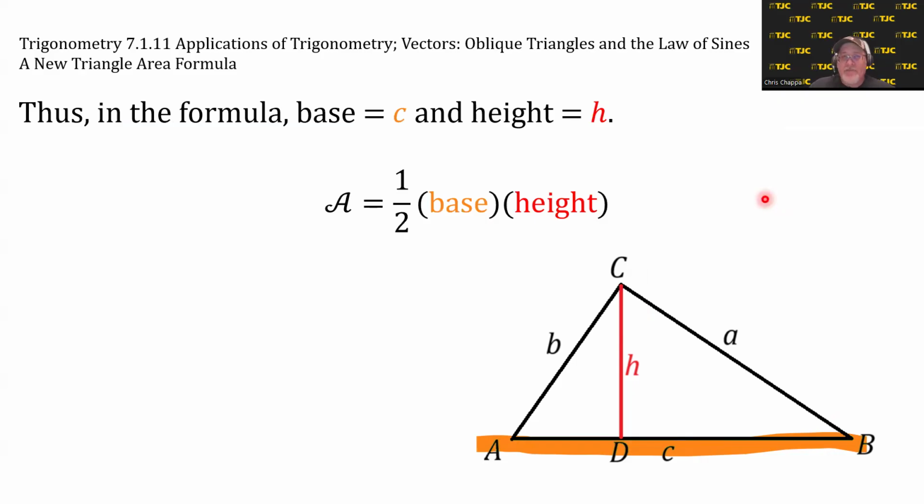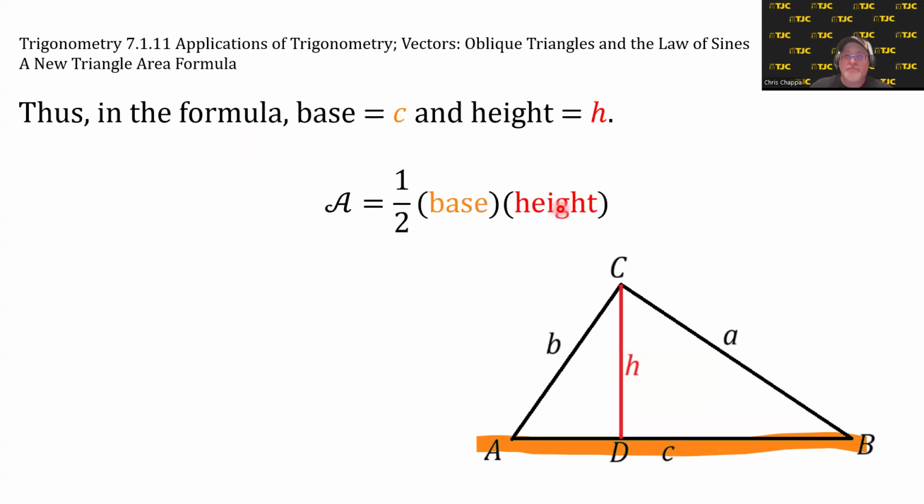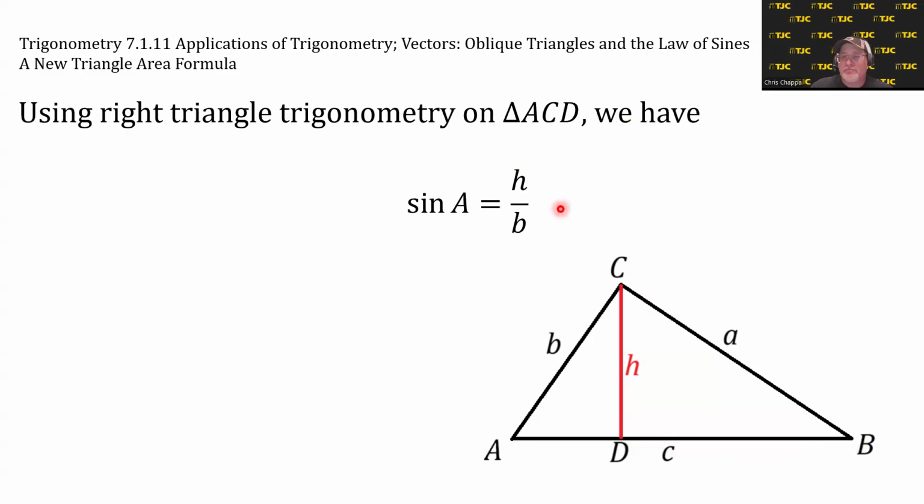Thus, in the formula, the value of the base would be C, the length of AB, and the value of the height would be H, the length of CD. So we substitute C and H into the formula, and we have area equals 1/2 C times H. But recall that H was B times sine of A. We figured that out back here.